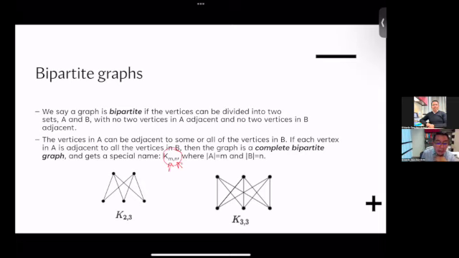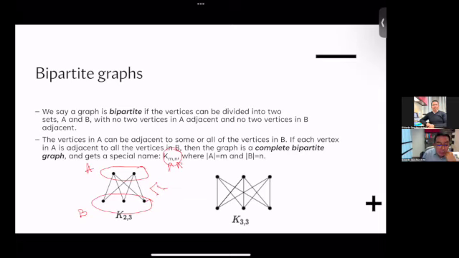So for instance, in this image here, we say that we have K_2,3, because clearly we have one set with 2 elements, and then we have another set with 3 elements. There are no connections between the elements in A. There are no connections between the elements in B. So it is complete, because they are all connected against all, except of course between those in the same set.